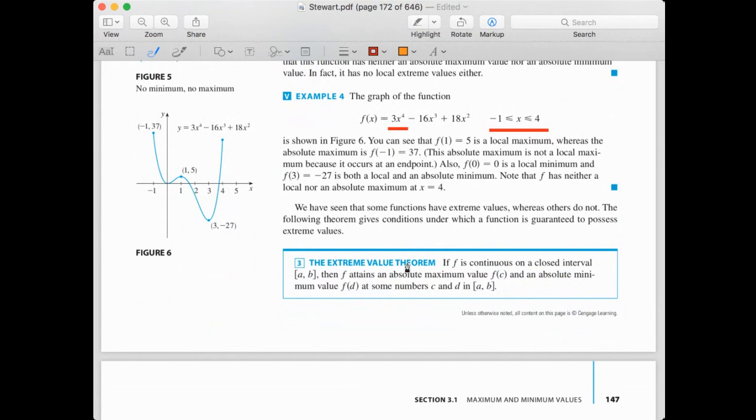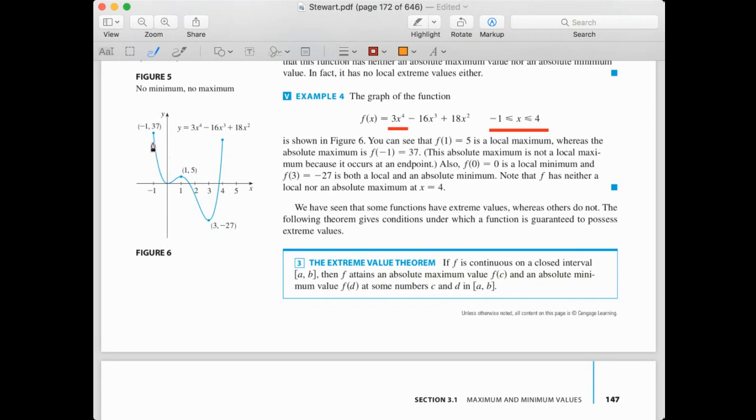Okay, this is a theorem. The theorem says if f is a continuous function on a closed interval, right? Closed interval means the domain includes its boundary points. So I have this equal sign. With equal sign is a closed interval, a to b. Then f attains an absolute maximum value and absolute minimum value, just like this picture shows.